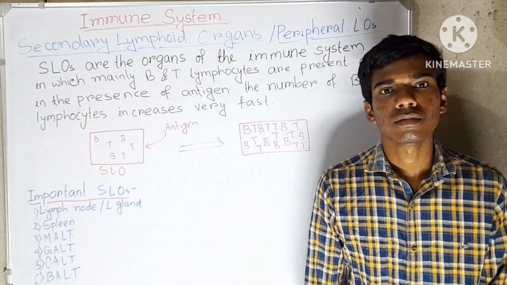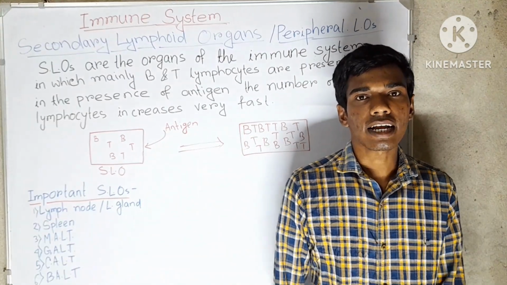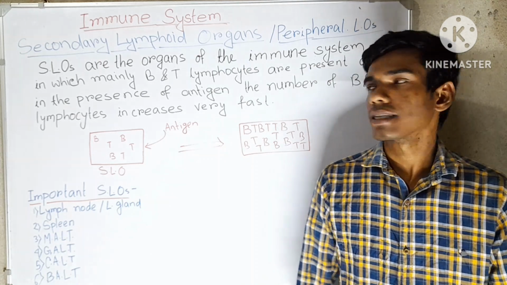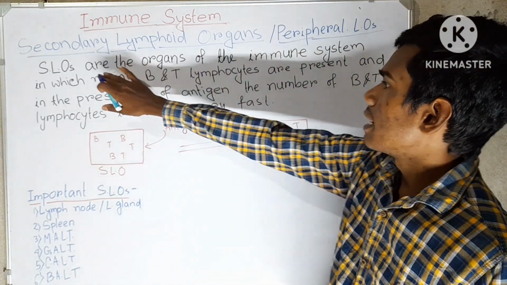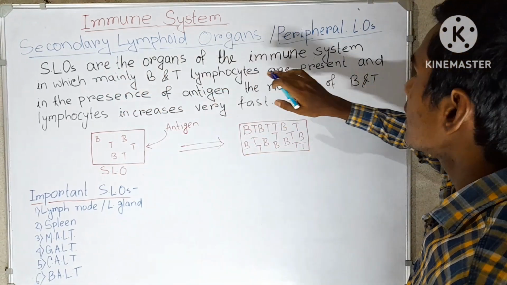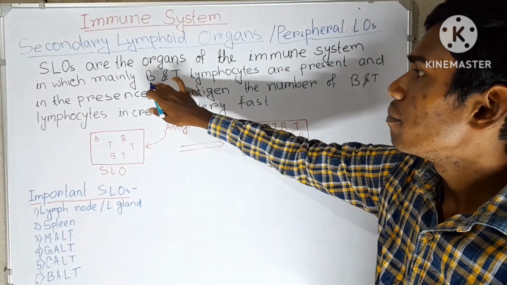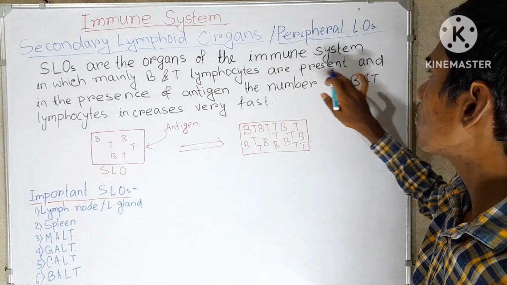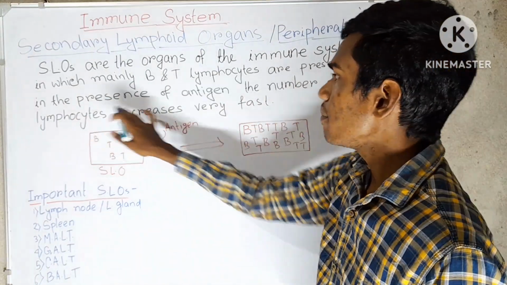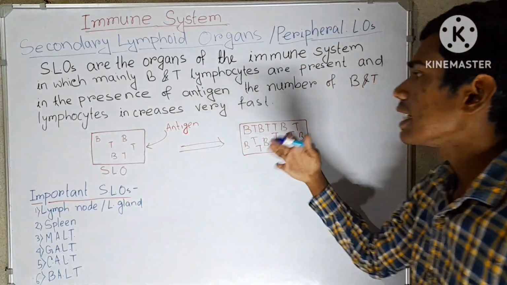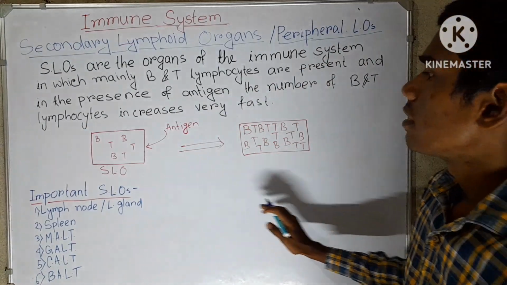Secondary lymphoid organs, which are also known as peripheral lymphoid organs. The secondary lymphoid organs are the organs of the immune system in which mainly B and T lymphocytes are present, and in the presence of antigen the number of B and T lymphocytes increases very fast.